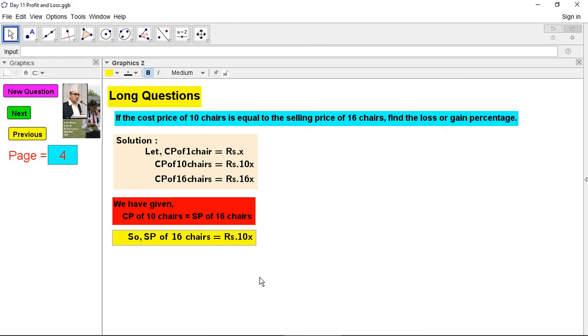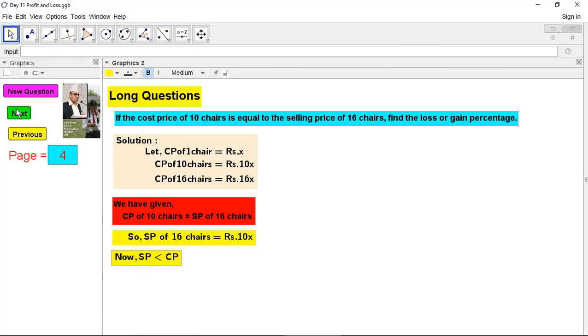Now moving to the next step, dear students. CP of 16 chairs is 16x, but SP of 16 chairs is 10x. We can see SP is smaller than CP, that's why there will be a loss.